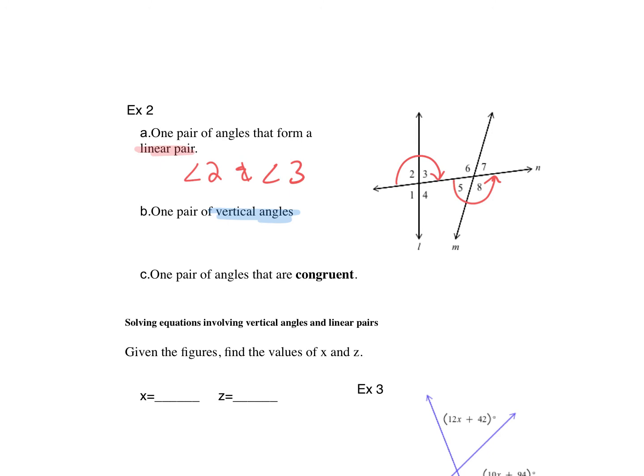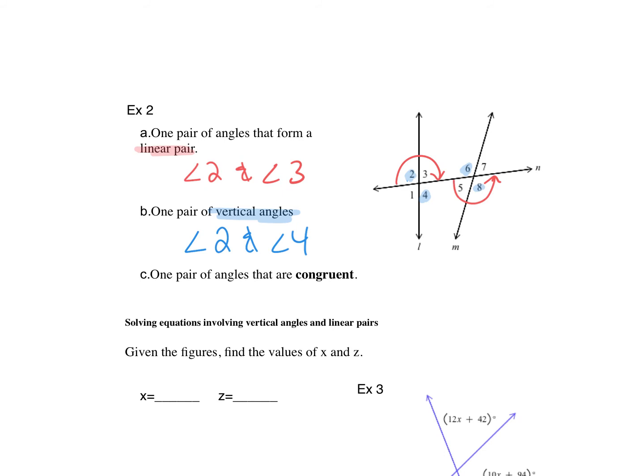So if I look at my picture, I see that angle 2 shares a vertex with angle 4 and it's across from it. So I might use that as my pair of vertical angles, angle 2 and angle 4. But you could also use 6 and 8, right? Because those are also vertical angles, but they're only asking us to name one pair.